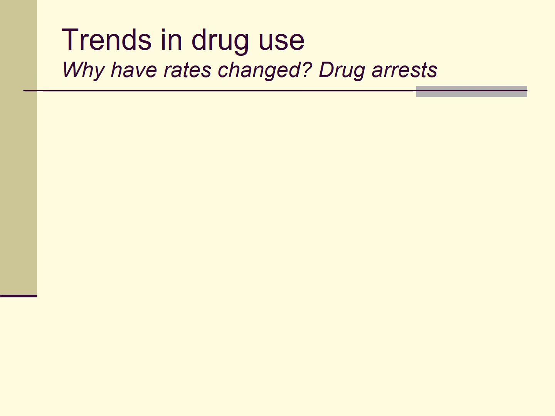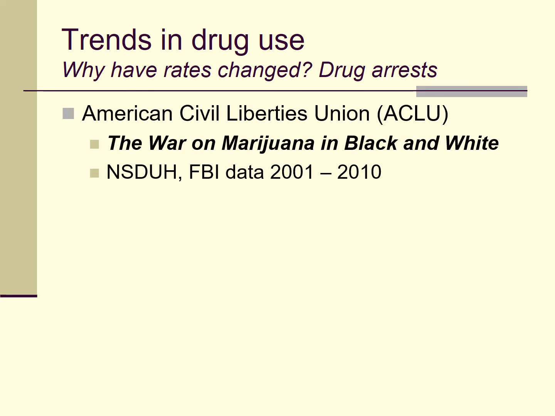Another interesting thing that comes up in this research is how the arrests for drug crimes, especially for marijuana crimes, fall disproportionately on people who are minorities, especially people who are Black or African American. And again, the American Civil Liberties Union has done a lot of interesting research on this, some of which was published a couple of years ago under the title "The War on Marijuana in Black and White."